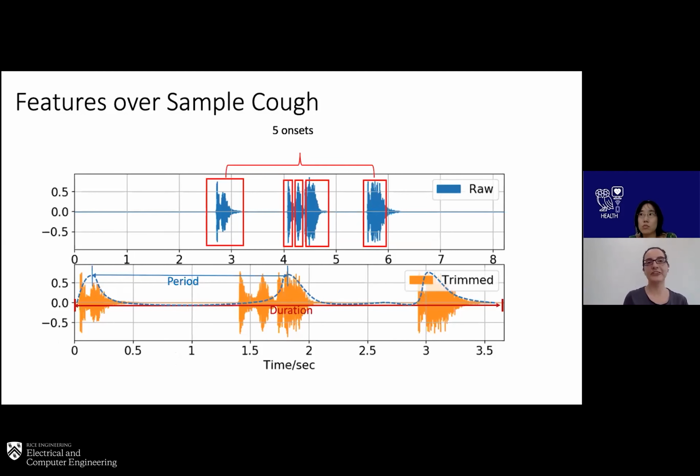So the features are obvious ones that I use for audio. On the top line, you see the 3 coughs that we have, and we trimmed them. The orange bottom part is the trimmed coughs, and we calculated various features on that, such as the period between the 2 peaks, the duration of the 3 coughs, and features that are related to this.